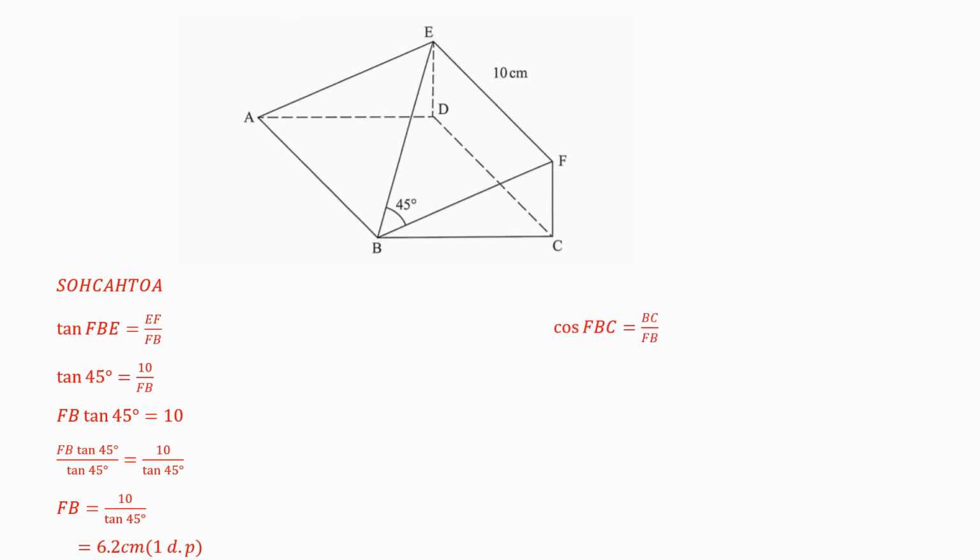And so cos FBC is equal to BC over FB, where BC is the adjacent and FB is the hypotenuse. We substitute, we have cos 20 degrees is equal to BC over 6.2. We cross multiply, we find 6.2 cos 20 degrees is equal to BC, or BC is equal to 6.2 cos 20 degrees. Substitute this with your calculator, you obtain BC is equal to 2.5 centimeters, correct to 1 decimal place.